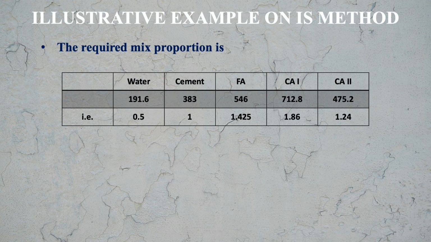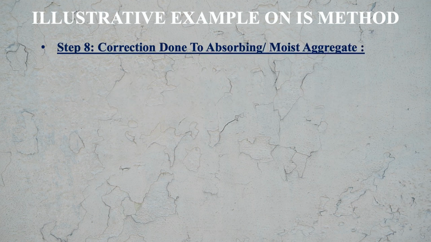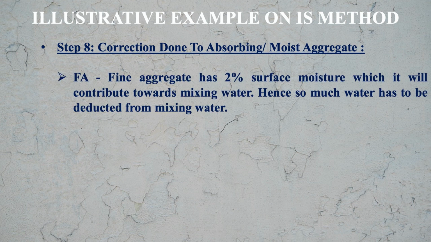Now step 8, which is correction due to absorbing or moist aggregate. The fine aggregate, which has 2% surface moisture, will contribute towards mixing water.